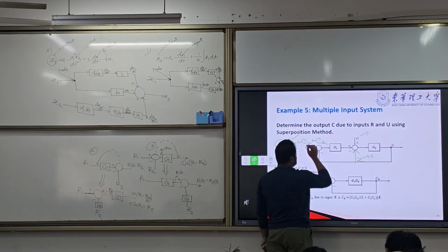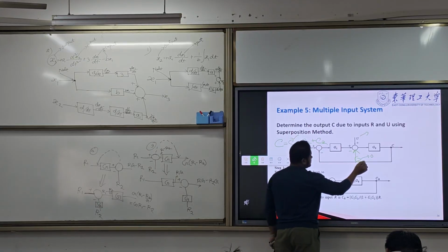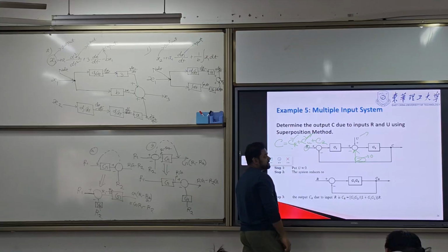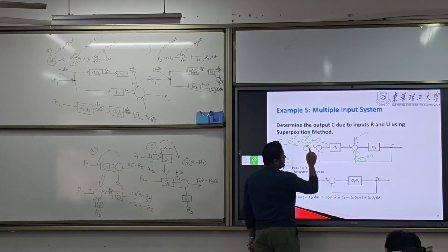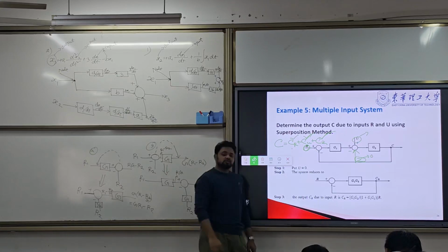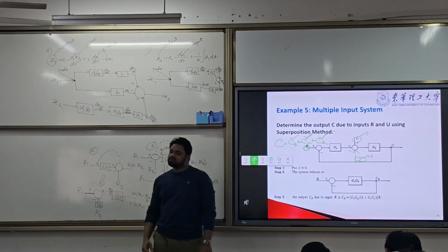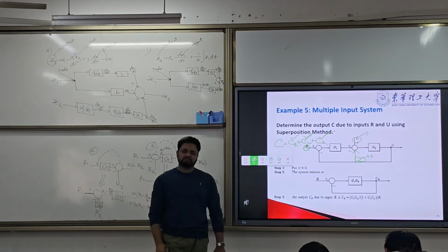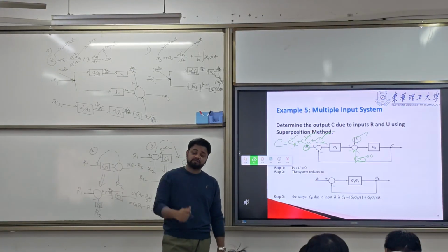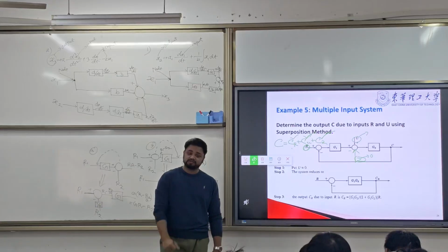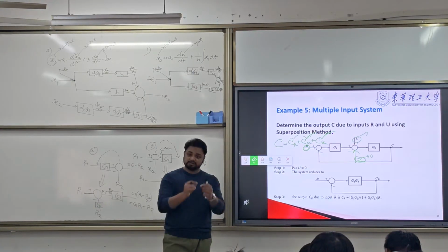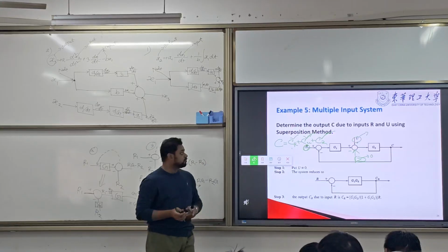Then you consider R and this 0, then you find out this. Later on you consider R and U 0, then you find out this. In this format, this is the superposition method. By using the superposition method, if there are multiple inputs, we can reduce the block diagram and find out the transfer function, and also the corresponding output of the whole system.